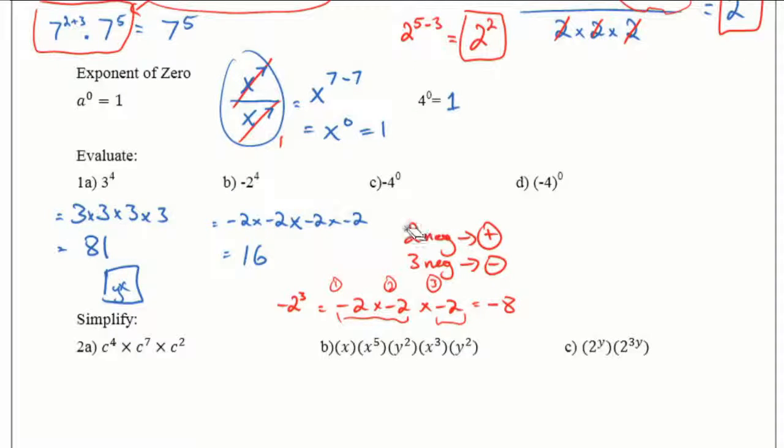So if I have an even number of negatives or an even exponent, I end up with a positive. If I have an odd number of negatives or an odd exponent, I end up with a negative answer.